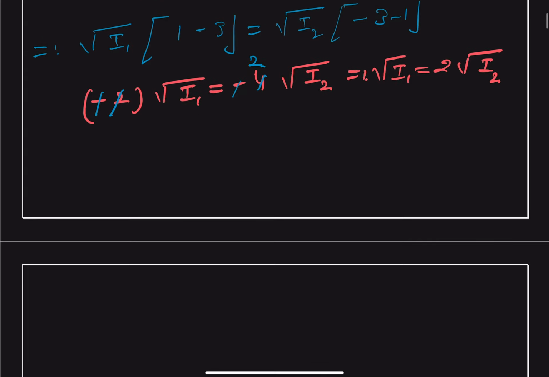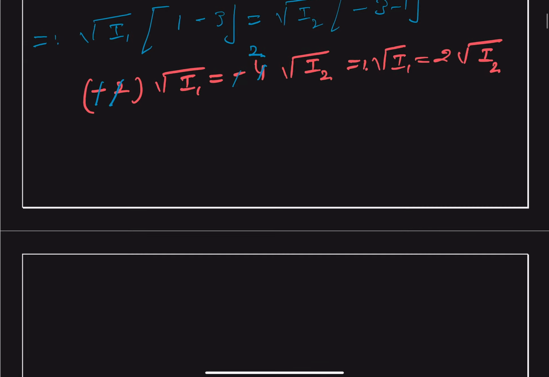Therefore the ratio of square root I1 to square root I2 is equal to 2, or we can say the ratio I1 to I2 is equal to 4.